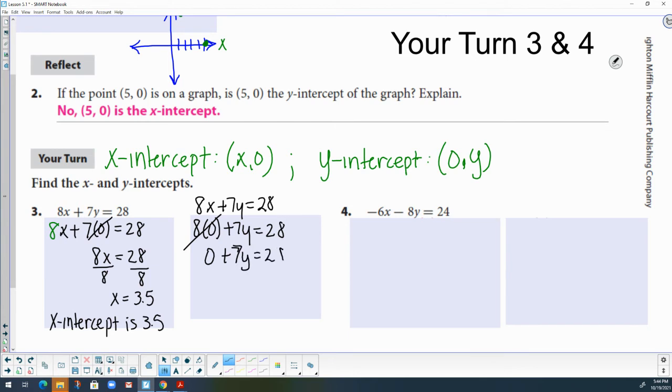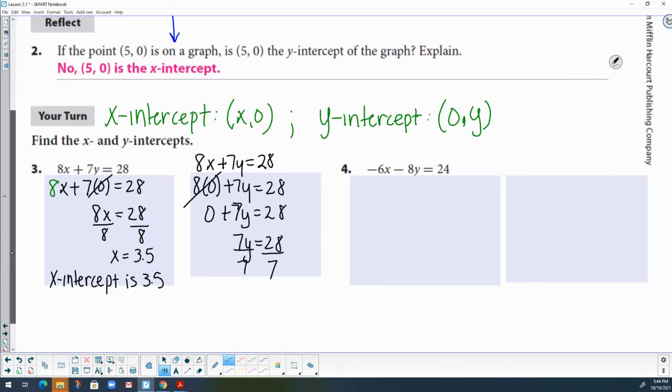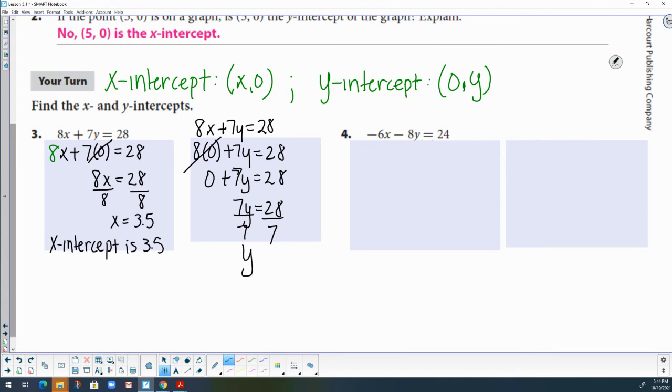So now I have 7y is equal to 28. I'm going to divide by 7. So my y-intercept is 4. Okay, let's look at number 4.